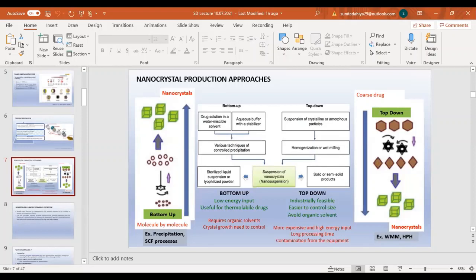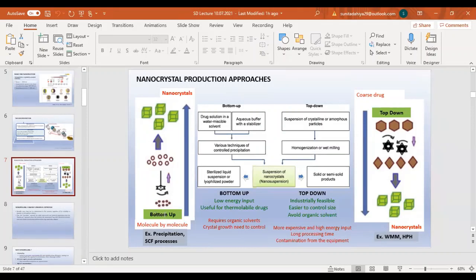Now, for the production of the nanocrystals, there are two approaches which have been extensively researched by various researchers, like bottom-up approaches and top-down approaches. As the name suggests, in case of the bottom-up approaches, the particles will be grown from the smaller to the larger, right?